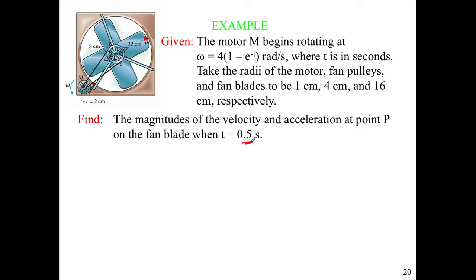Perhaps you want to see how fast the speed is going to be within 0.5 seconds, enough to cause considerable damage if a hand gets in the way or whatnot. There are so many other problems that could be involved when we want to analyze the motion of the particle P right here. Now please note that the motor is being driven right here, and then using this pulley and cable system we drive this wheel on the fan.